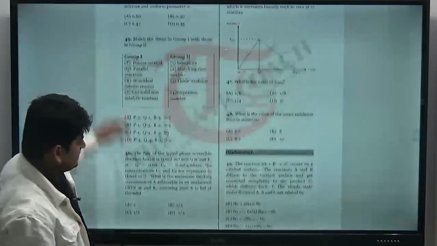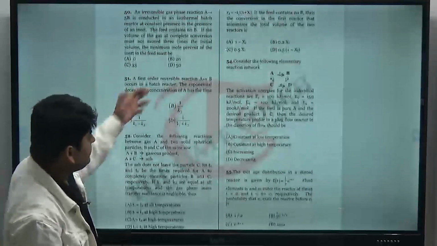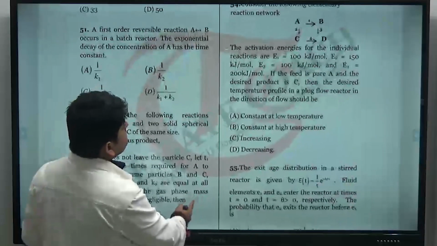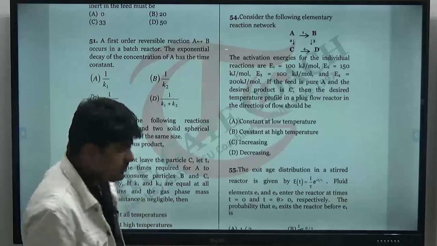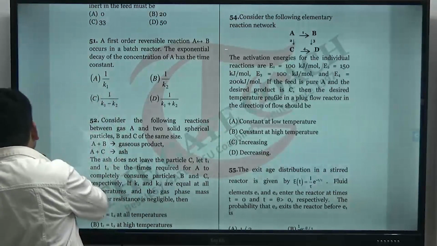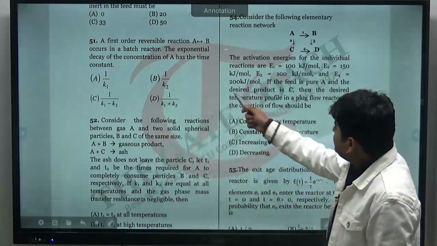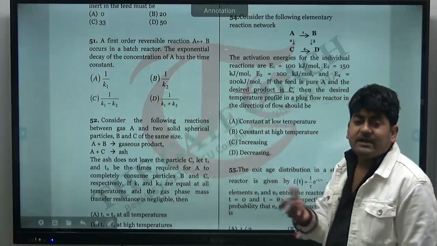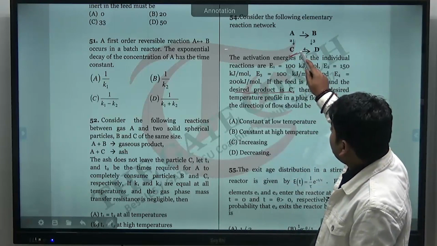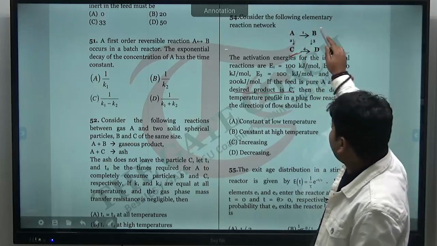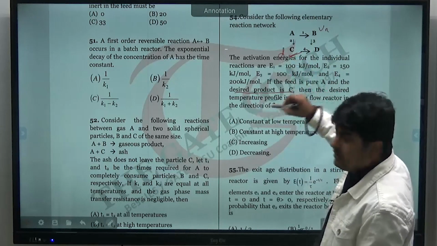Then after this there is a line of such questions. Okay, like 54. Here you have to see the temperature profile. Desired product is C, so I want to maximize C here. Now see, product C is forming from A, but A is also giving B. It means B is undesired and C is desired.